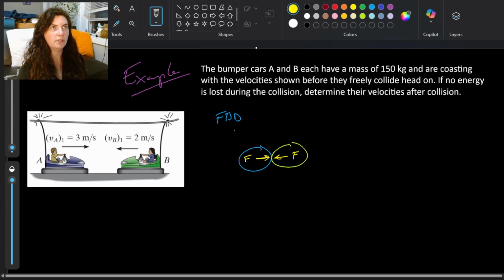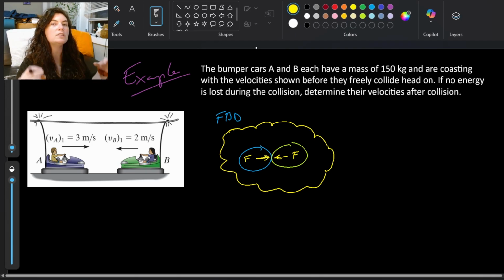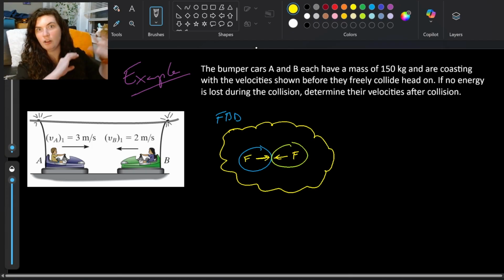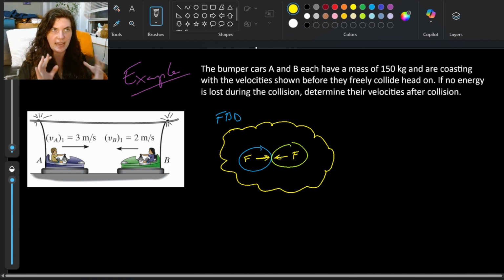If we treat both of these as one system, there are forces between them, but there's nothing else happening. There's no other kid coming up and shoving one of the bumper cars to get them to bump into each other. There are no external forces acting on this. It is just the forces from these two interacting with each other.